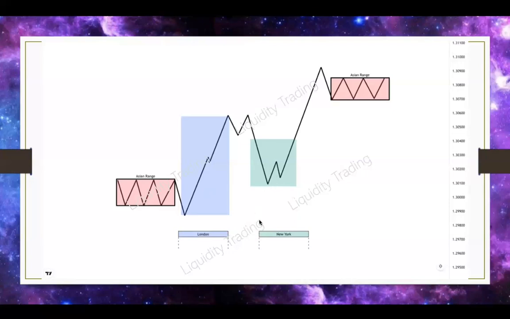Most likely the market arrives back into the retracement area in the New York kill zone, anywhere between 7 to 11, and we would expect the market to continue in the bullish direction for the rest of the day, and then consolidate back into the Asian range.